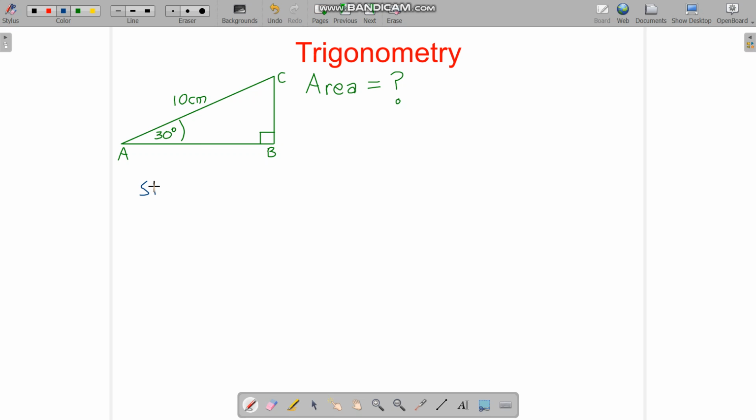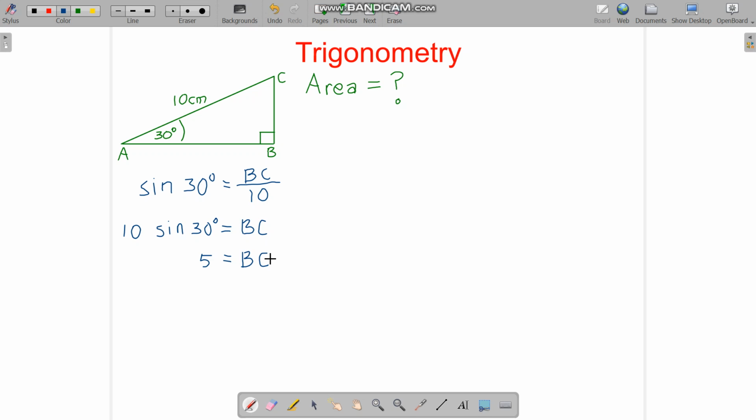So if we use sine 30 degrees equals opposite, which is the side BC, over hypotenuse, which is 10, and now if we just multiply both sides by 10, we get 10 sine 30 degrees equals BC. If you use your calculator here, you will get 5. So we have BC, which is the height of the triangle.